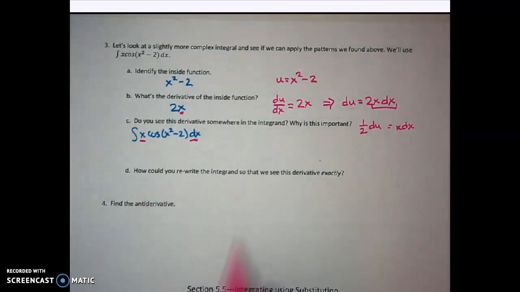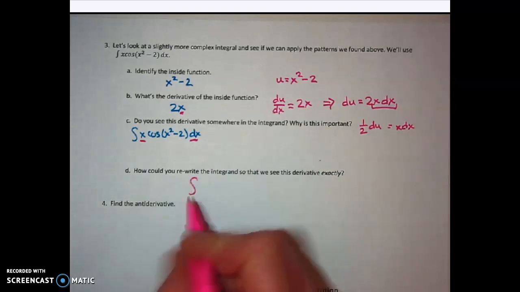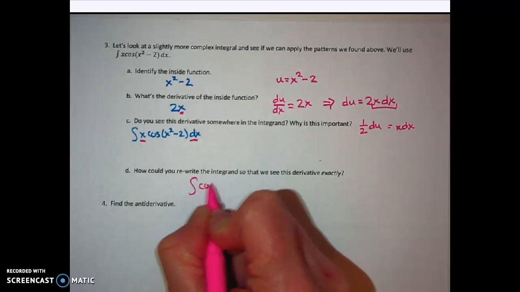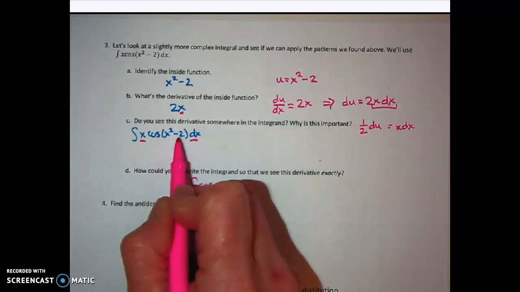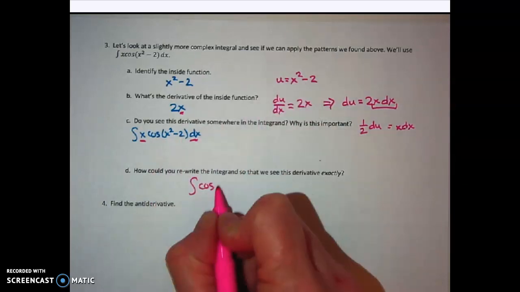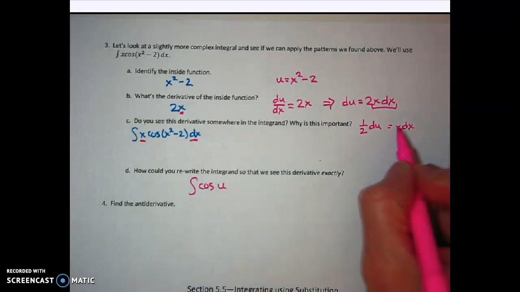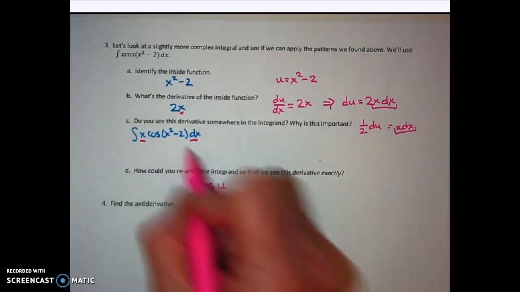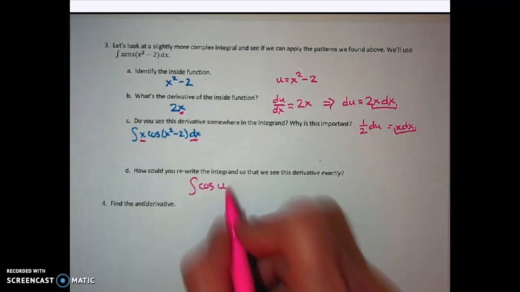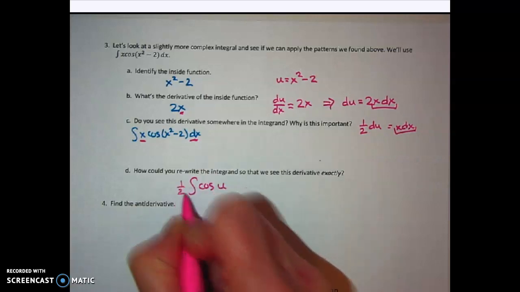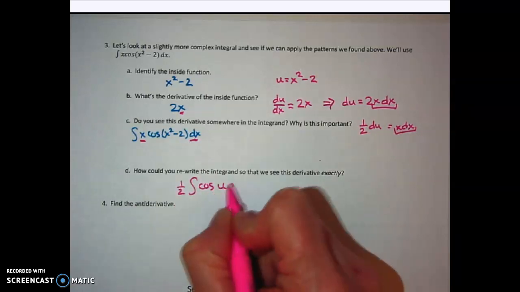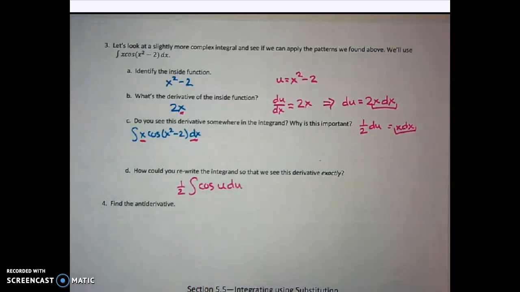Now I'm going to rewrite this integrand so we can see what the derivative is exactly. So I've got the integral of the cosine of not x squared minus 2. X squared minus 2 is u. And then my x dx over here is actually 1/2 du. So remember, a constant I can bring out in front of my integral, and I have du.